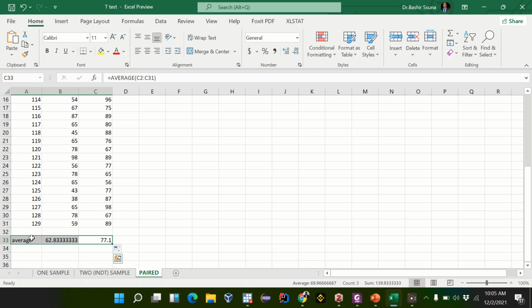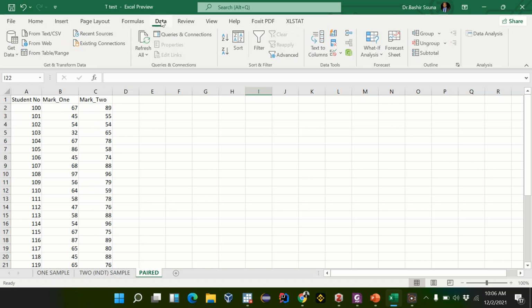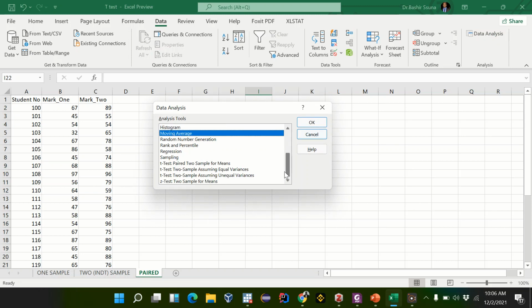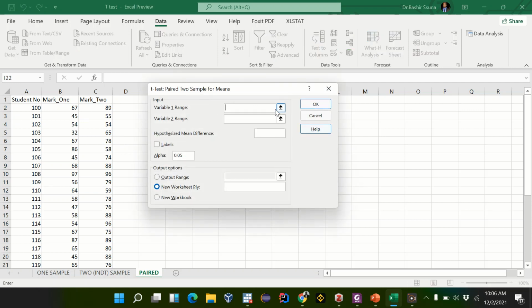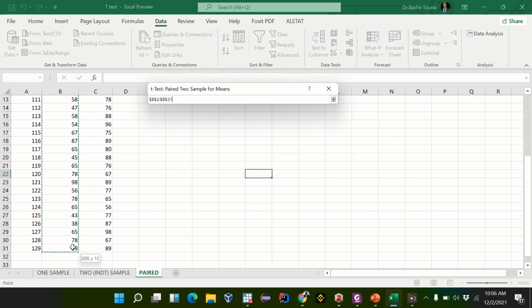So let's remove this. If you want to do a t-test in Excel, you go to Data, Data Analysis, then look for the paired t-test. For the range of cells, we only include the marks.